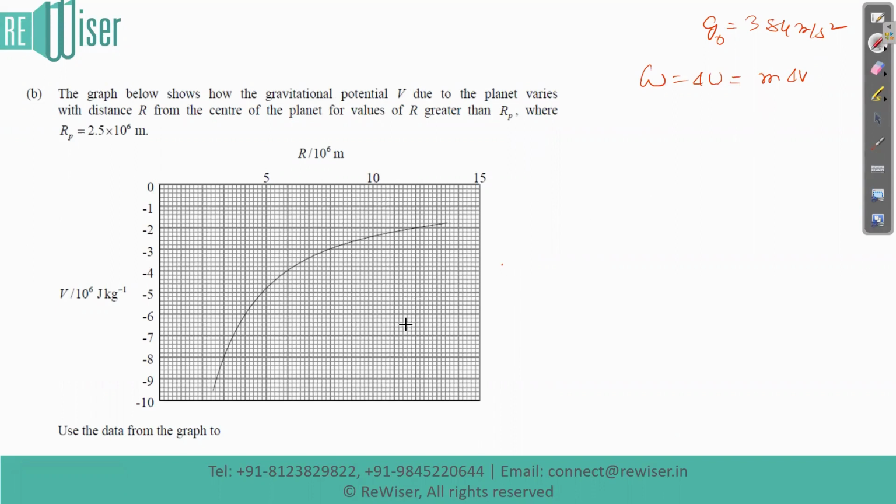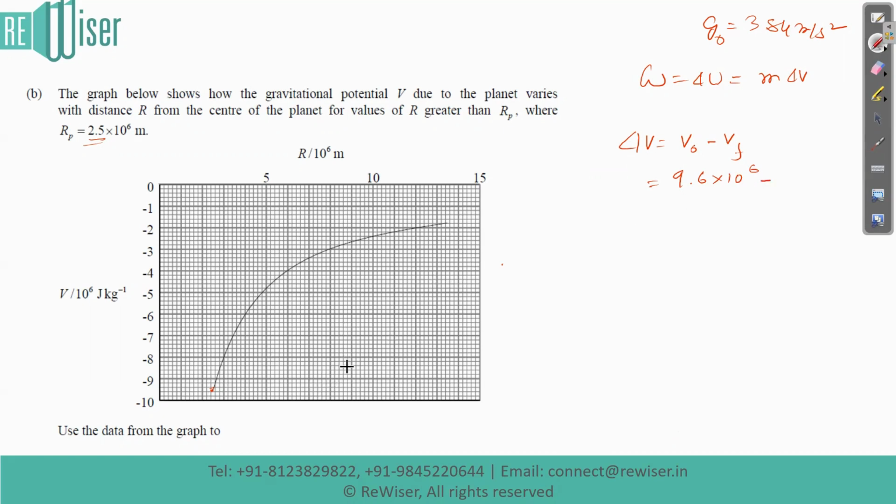So, initially it is at 2.5. So, initially V0. So, we want to find out del V first, where del V is V0 minus V final. So, V0 we have found out in the previous question itself to be 9.6 into 10 to the power 6, minus V final.